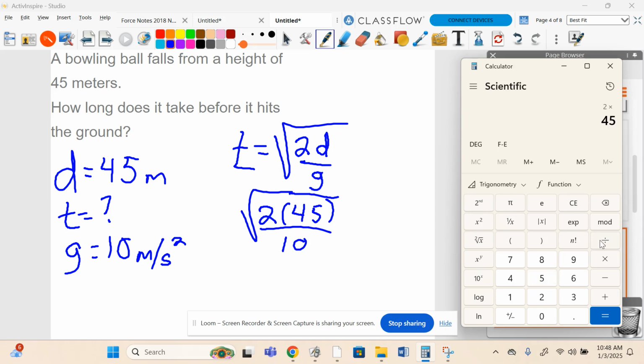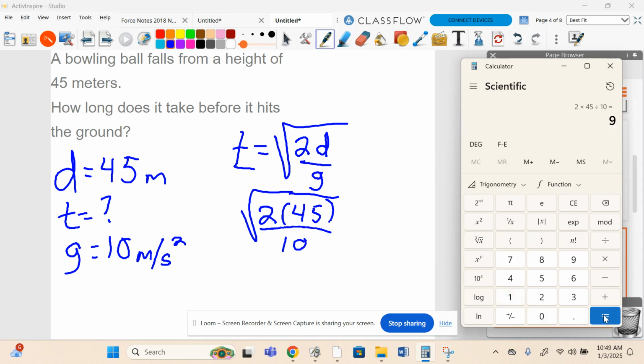And I get this question all the time from kids sitting here in the room with me: how do I put a fraction in a calculator that doesn't have a fraction button? A fraction means divide. So I'm taking 2 times 45, and I'm dividing by 10.